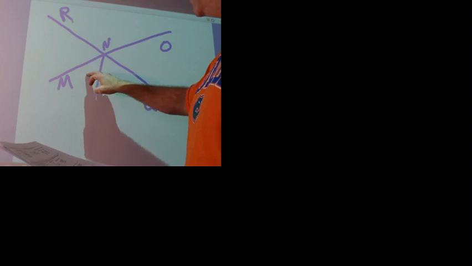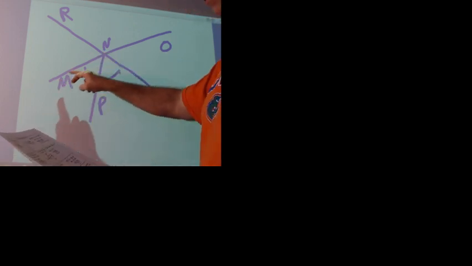Let's draw out what this is going to look like, and I know this is extra large, but that is so that you guys can see it. M, N, P, Q, R. This equals that. So MNQ, the whole thing, is 8x plus 12.